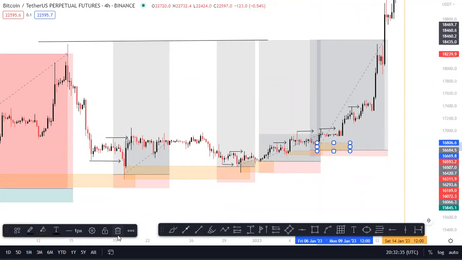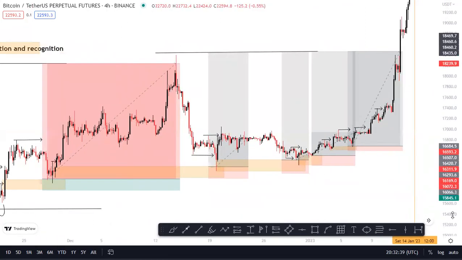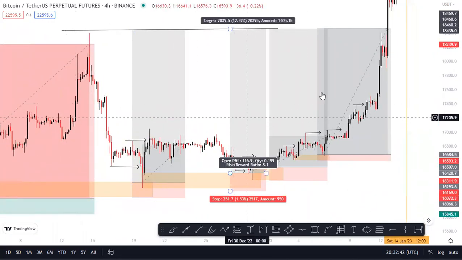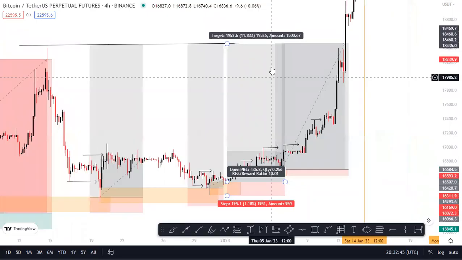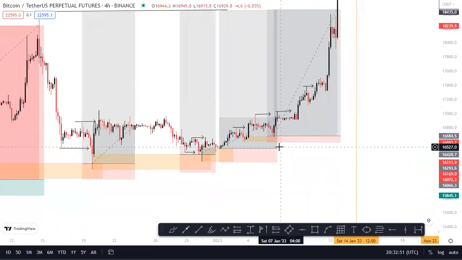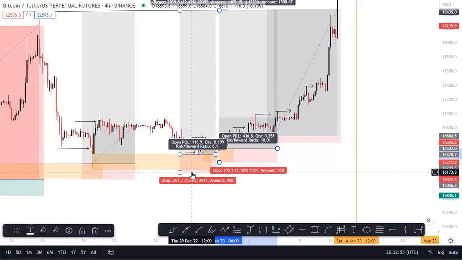Let me clear all these things. Several entries and re-entries. So they are like 1, 2, 3, 4 of them. And the last one was more rewarding, because the more price refines to go up, the more you see better rewarding trades.